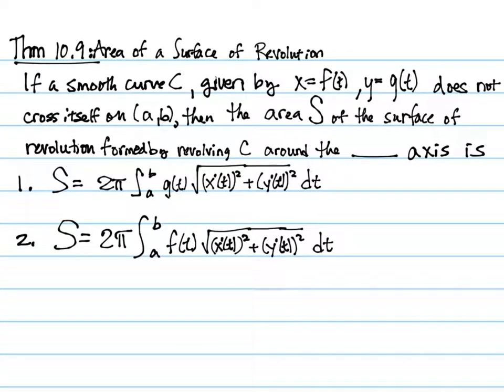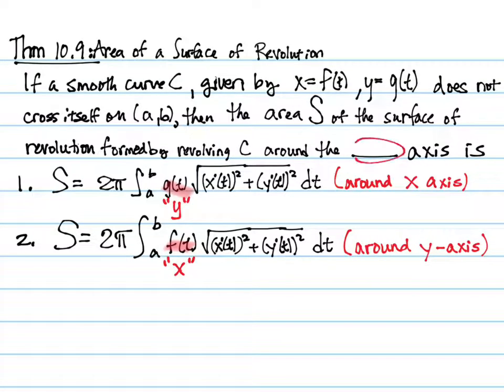And the difference here, of course, is this piece, right? The g of t or the f of t. G of t is my equation for y, and f of t is my equation for x. So if I've got the equation for y in there, this is around the x-axis. And if the equation is in there for x, then it's around the y-axis.